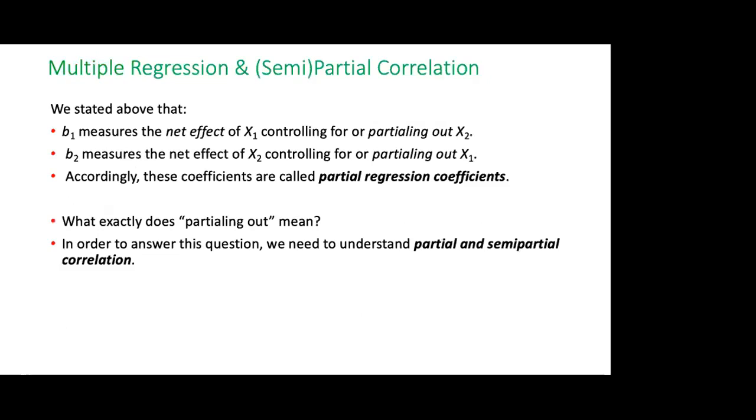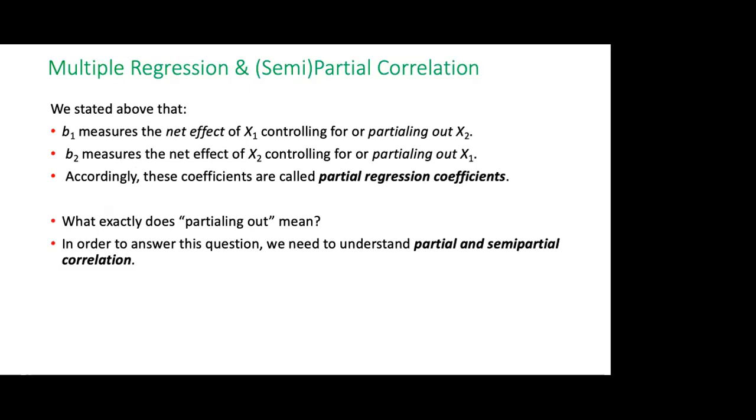Okay, so let's now take a step further. We stated above that in the case of a model with two predictors, our first regression coefficient, for our first predictor variable, measures the net effect of x1 controlling for the other predictor, so holding the other predictor constant.